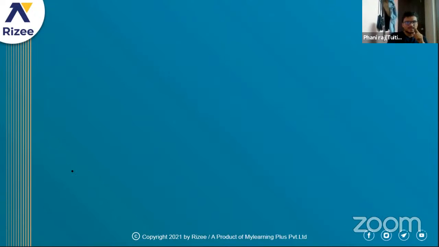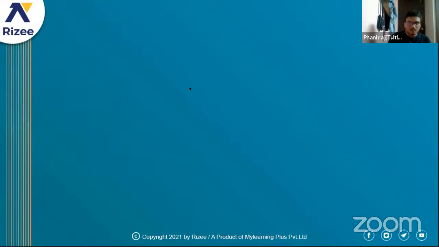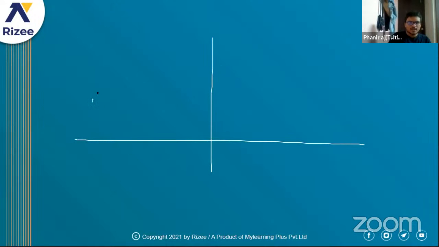Now same thing. Z is the single point we're discussing, and omega is any point satisfying the condition. We'll redraw the diagram. It was like this.